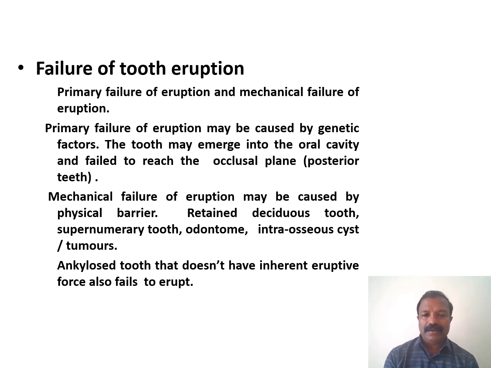Whereas the mechanical failure of eruption may be caused by a physical barrier, for example, a retained deciduous tooth or a supernumerary tooth or presence of odontome or intraosseous cyst or tumors. The ankylosed tooth, where the root is fused with the alveolar bone, doesn't have inherent eruptive force and they also fail to erupt.